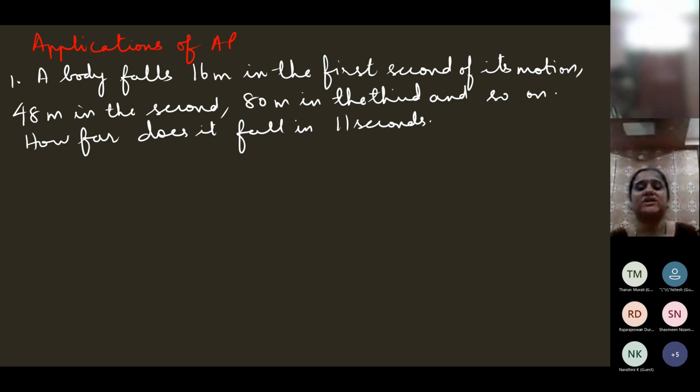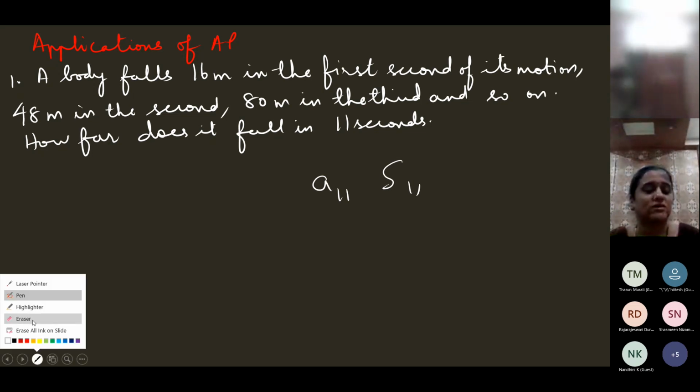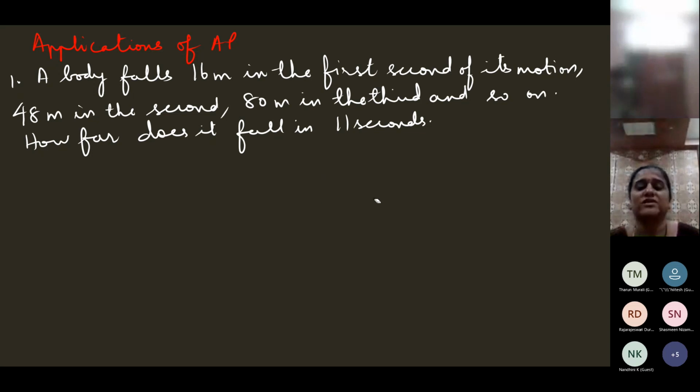Because first second, second second, third second, so 11 seconds. You should judge if it is A11 or S11. You should understand the situation. I won't say anything more than that.